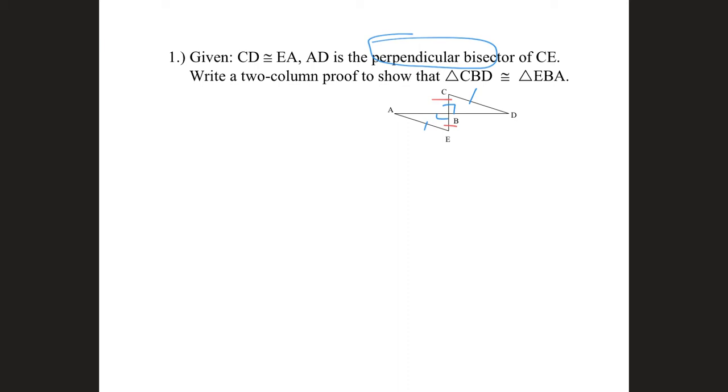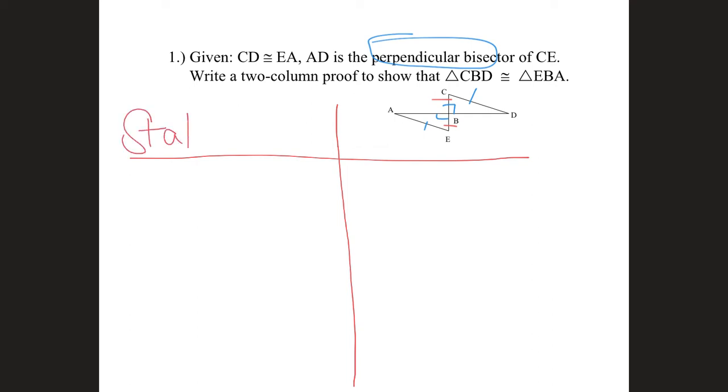Okay, so now we're going to write a 2-column proof to show that these two triangles are congruent. Let's go ahead and set up our table. And let's get started with what we're given.